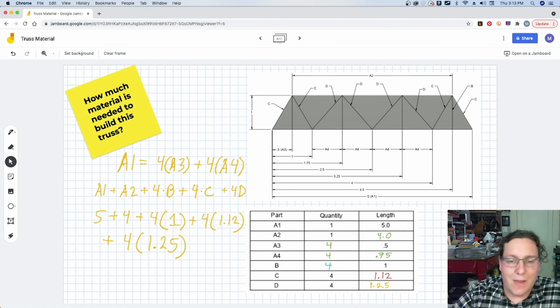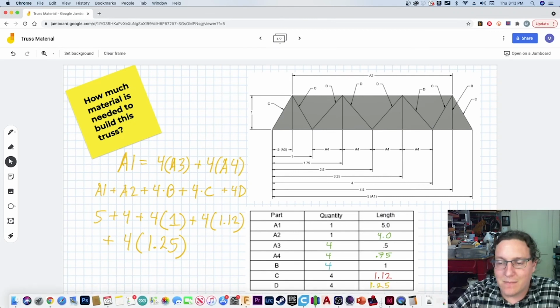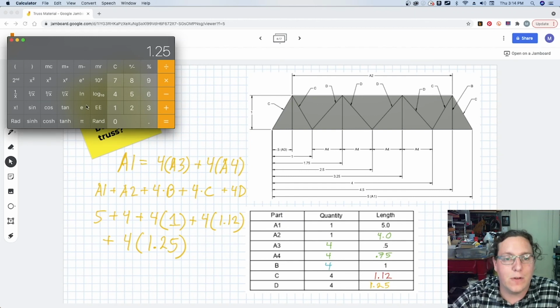Now we turn back to our calculator. Again, you could do some of this pencil and paper. You could go ahead and just kind of go all the way through it. But we can go ahead, clear everything out. 5 plus 4 plus 4 times 1 plus 4 times 1.12 plus 4 times 1.25.